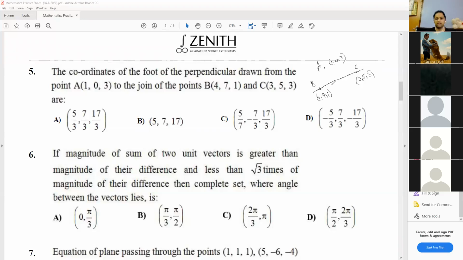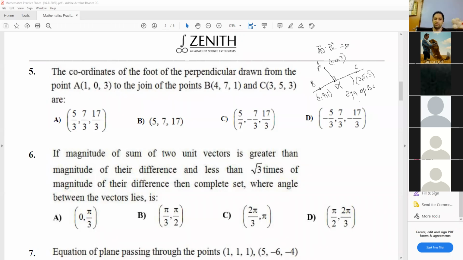So how will we solve this question? We'll find the equation of BC, ठीक है, 2-point form से. Then find out a general point. Suppose this point is D. So इसका we'll find out the general coordinates of D and then use the fact that since AD is perpendicular to BC, vector AD dot vector BC must be equal to 0.